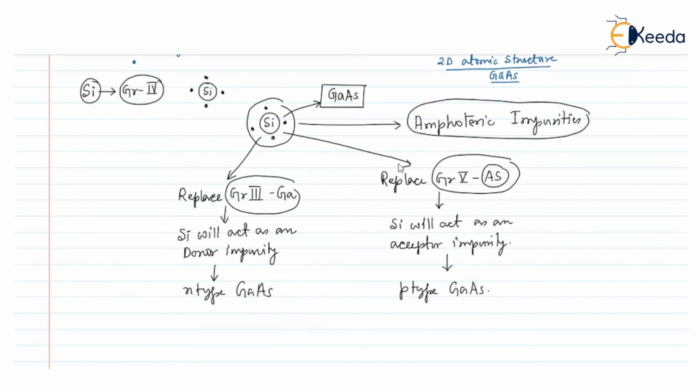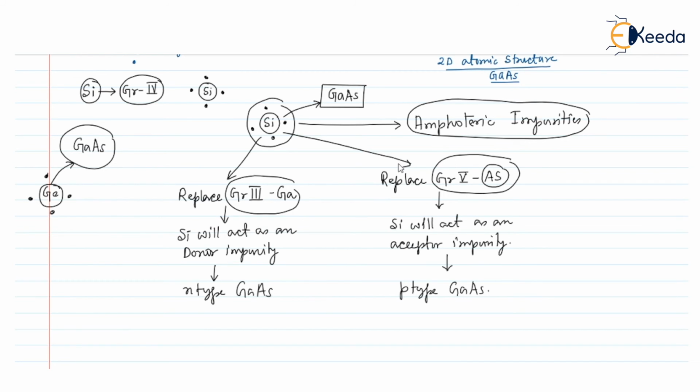Similarly, we can also dope gallium arsenide with germanium, because germanium will also have 4 electrons in the outermost orbit, because germanium is a group 4 element. So this germanium will also act as an amphoteric impurity.